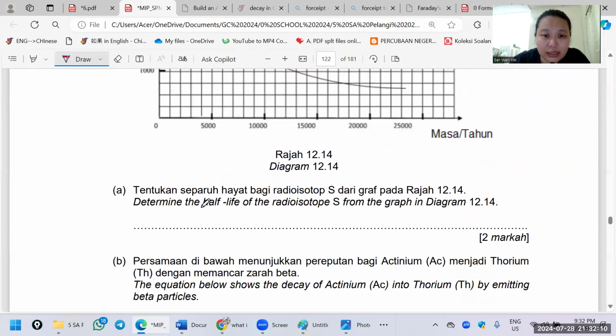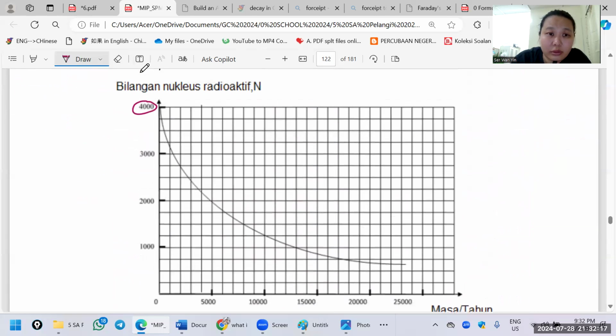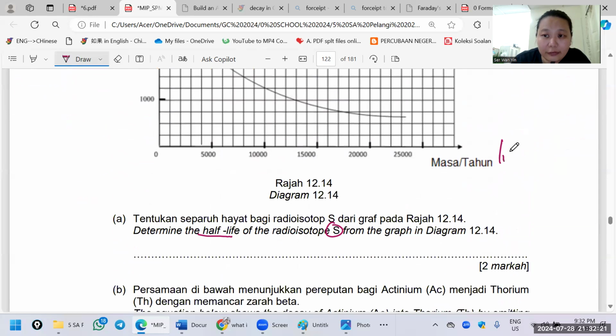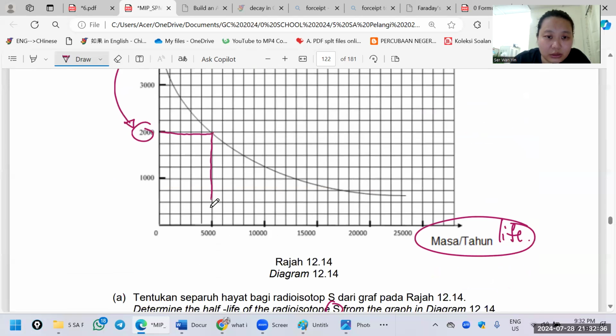Now, determine the half-life of S. So actually this is the original, remember, half-life. So they want the time. So half is 4,000, becomes half, and draw like this.